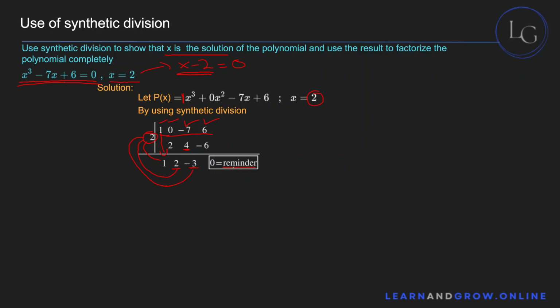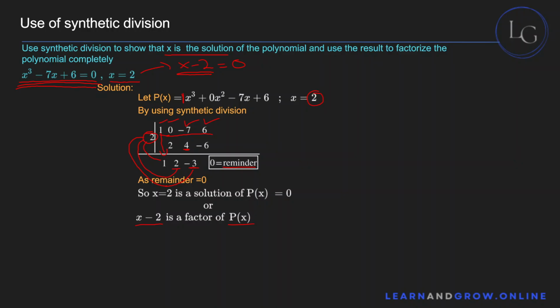So since the remainder is 0, that means that x is equal to 2 is indeed a solution of x cubed minus 7x plus 6 is equal to 0. So what that really means is, x is equal to 2 is a solution of this. And it also means that x minus 2 is a factor of p of x.